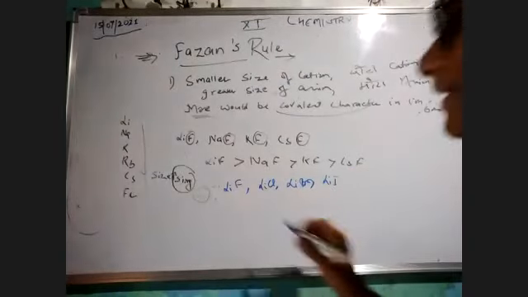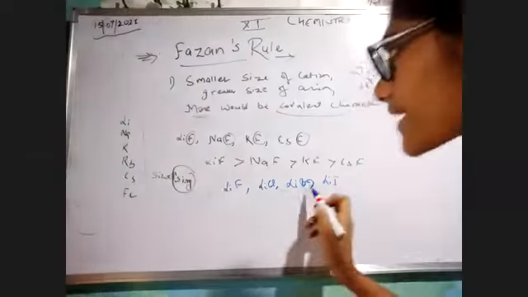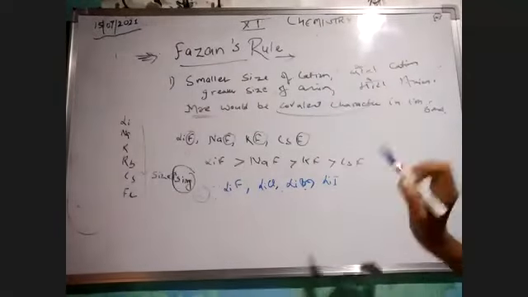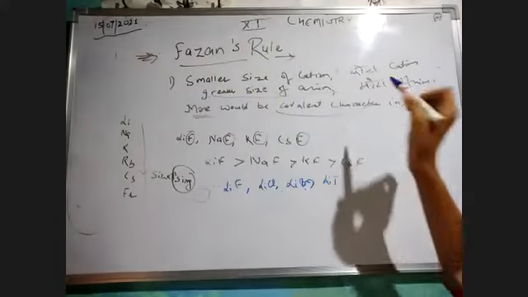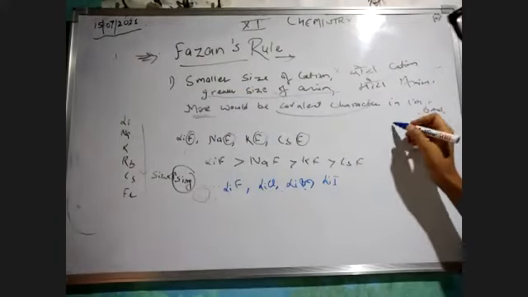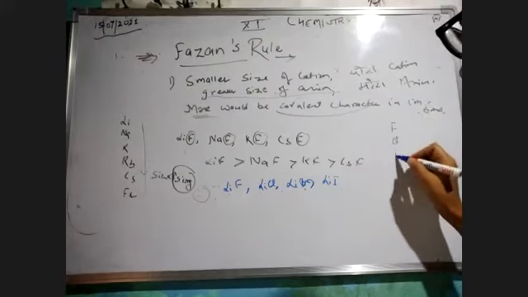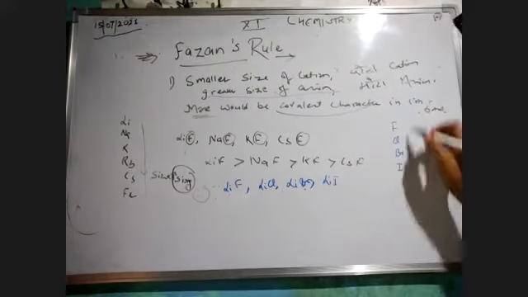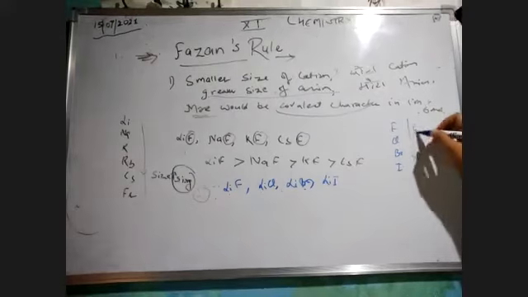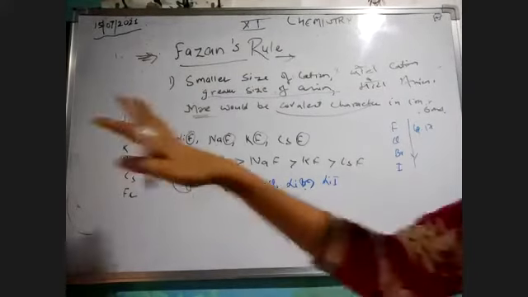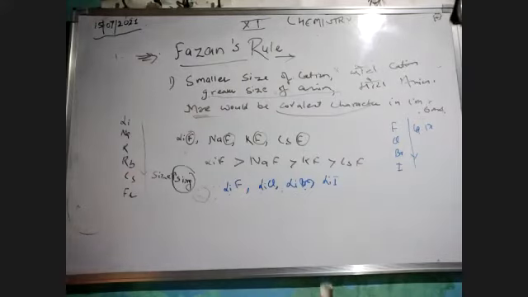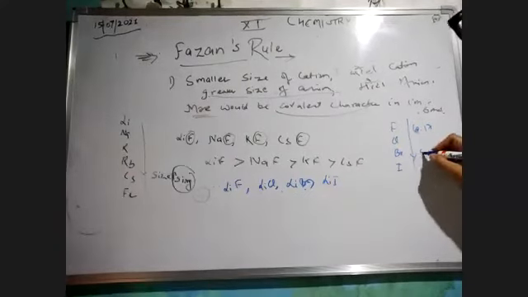Now the cation is the same, so the first concept would not be used, but the second says greater the size of the anion. Again, this is my halogen family: fluorine, chlorine, bromine, iodine. Which family is it? Halogen family, group number 17. And in the periodic table, the size increases down the group.